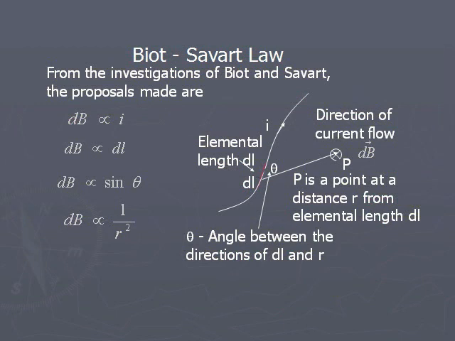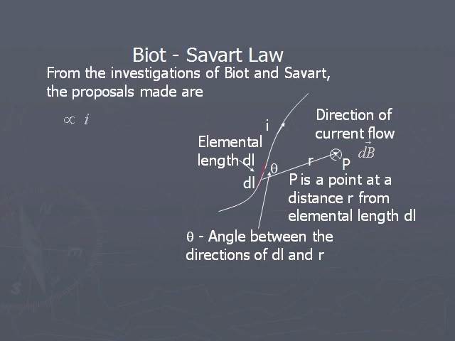As the distance increases, the magnetic field induction decreases by the square of the distance. So these are the four relations for dB: directly proportional to I, dl and sin theta, and inversely proportional to the square of the distance.